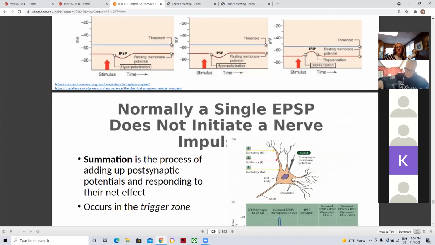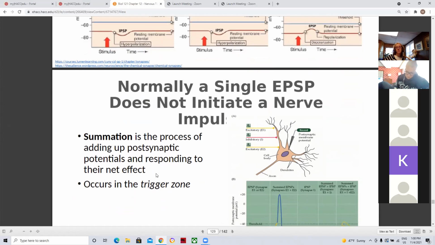Summation is a process by which we add up postsynaptic potentials and can possibly activate an action potential. I'm going to stop just for a second here and give you an example of summation. So I have some inhibitory postsynaptic potentials that make the inside of the cell more negative.